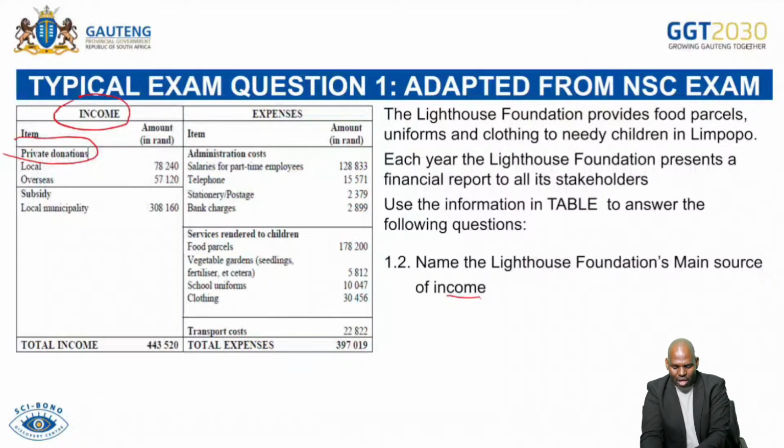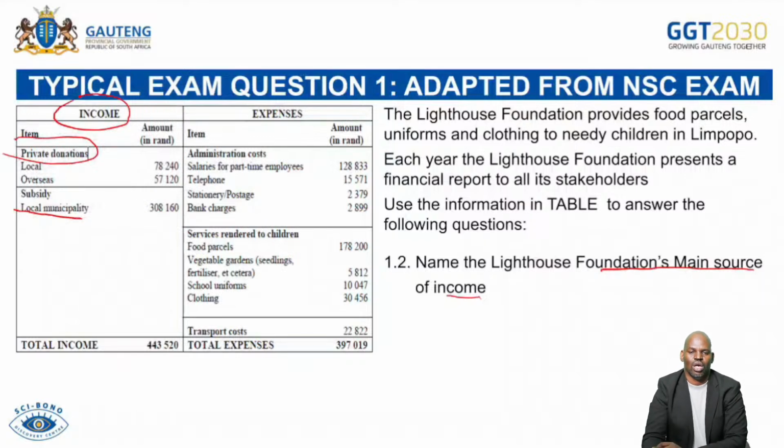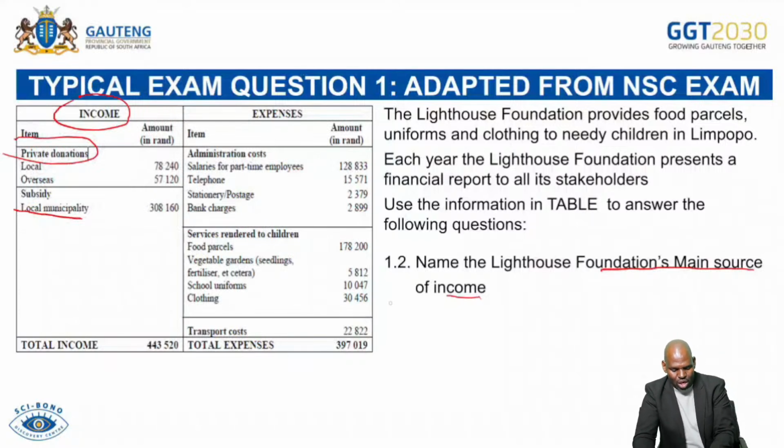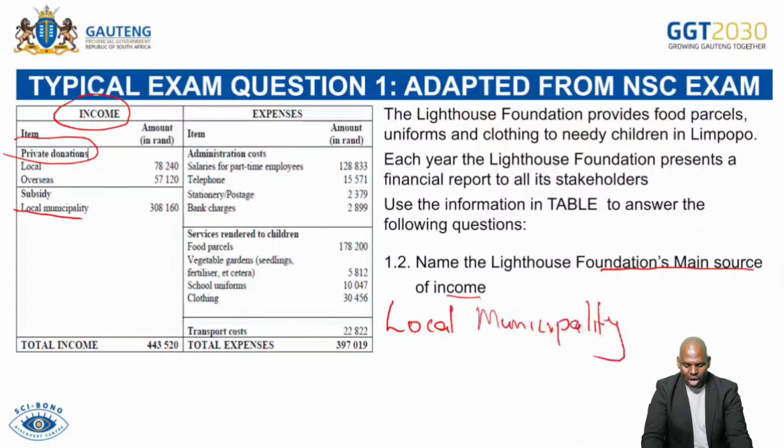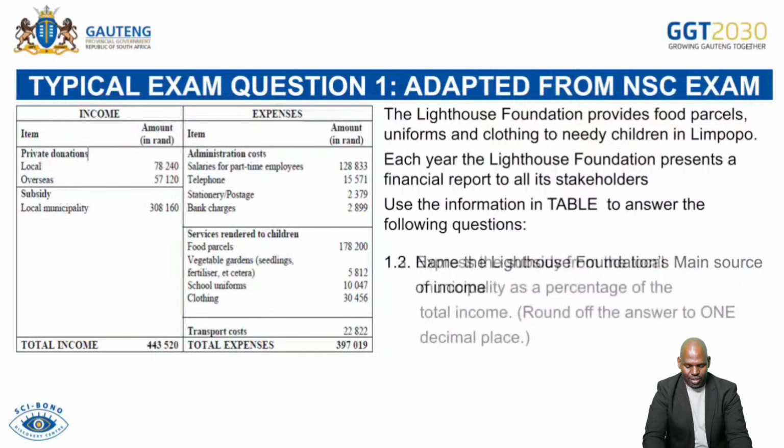The question is the main source. So the main source obviously will be the local municipality. These people are depending more on the local municipality. So in this case, we just write local municipality. Okay, local municipality, as easy as that.